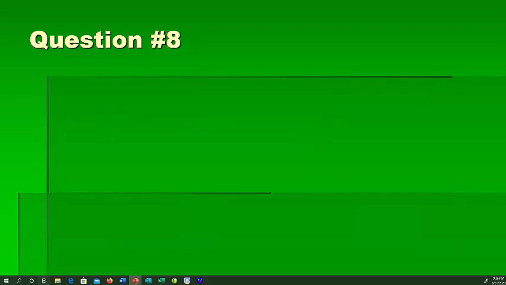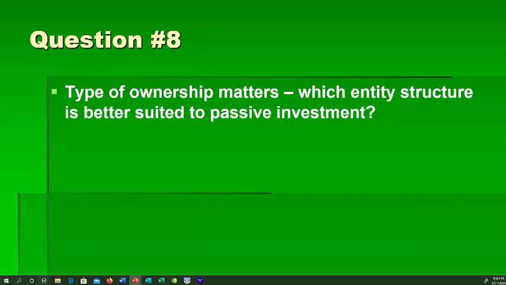Okay, question 8. Type of ownership does matter. Which entity structure is better suited for passive investment? Well, the choices are a corporation, an LLC, and a sole proprietorship. Again, a lot of times what people are thinking of is liability when they're looking at these, but also the purpose of investment.